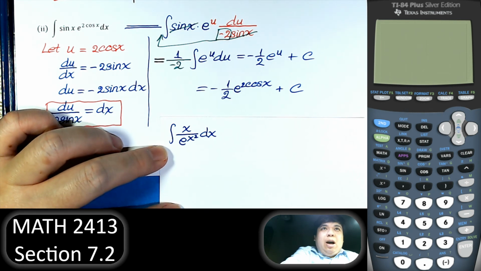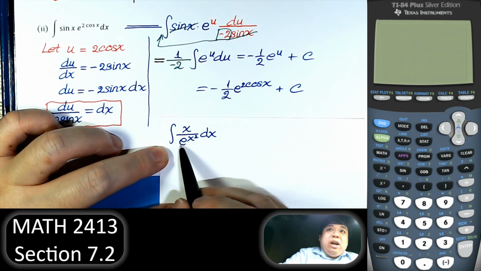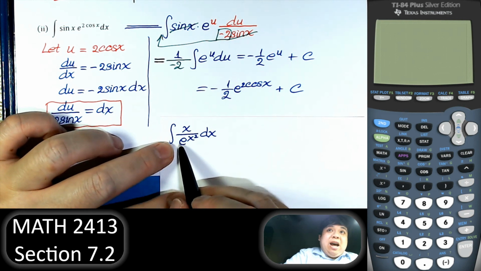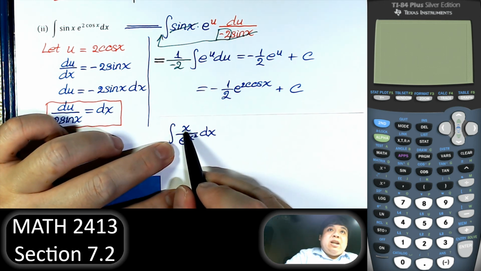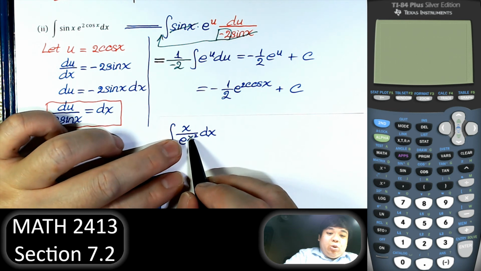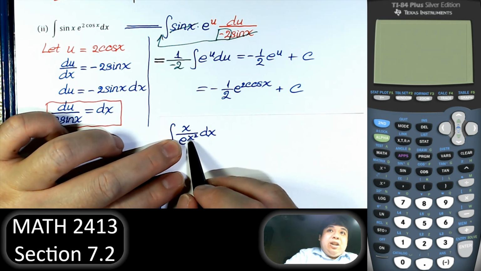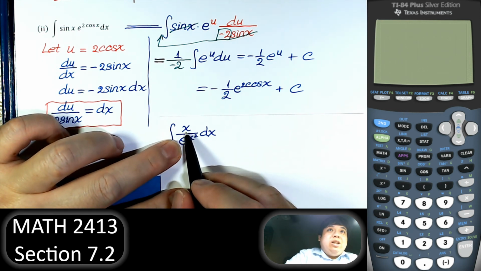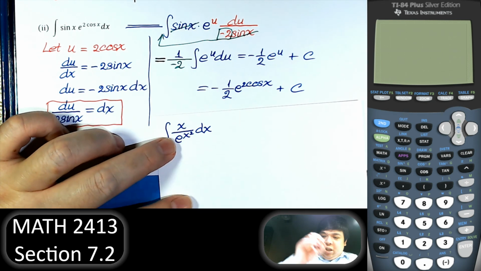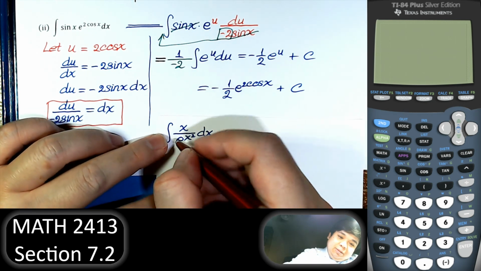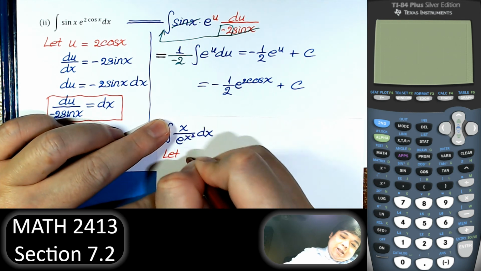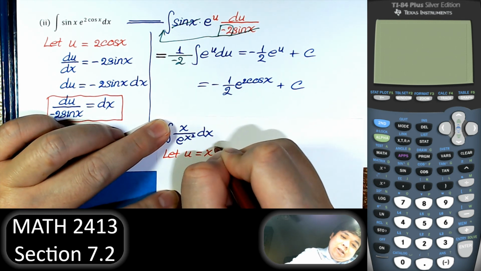If we let u equal the denominator, the derivative of that is not simplified with this x. So if we let u equal x squared, the derivative is 2x, which cancels with this x. That certainly helps, right? So let's start with that. Let u equal x squared.